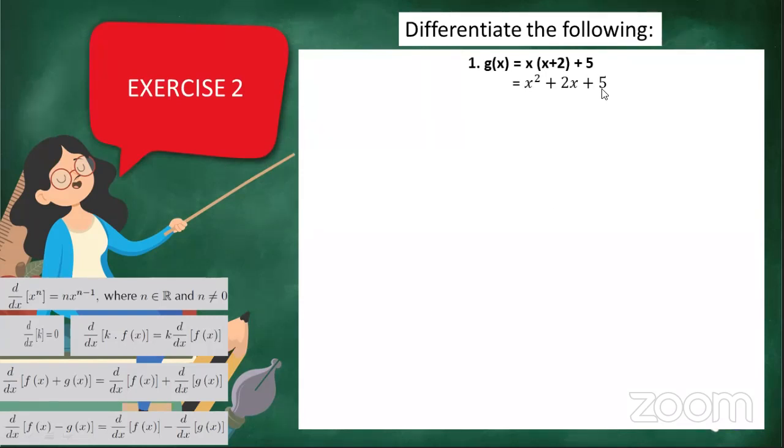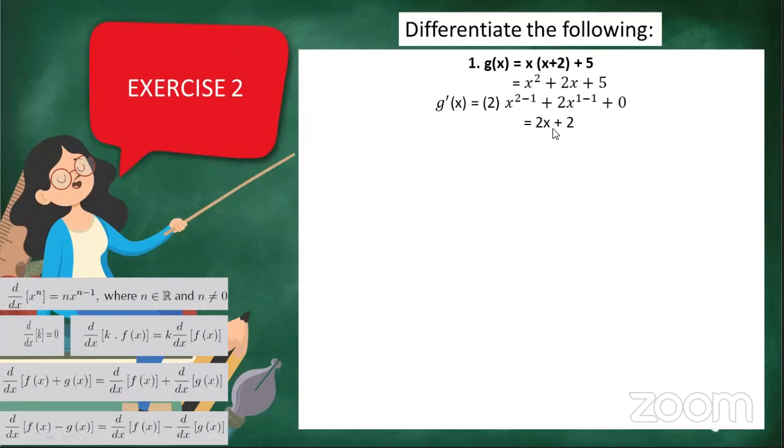So finding the derivative of these separately, you'll have 2x, still subtract 1 from your exponent, plus the 2, and we know the derivative of a constant is 0. So you'll have 2x plus 2.